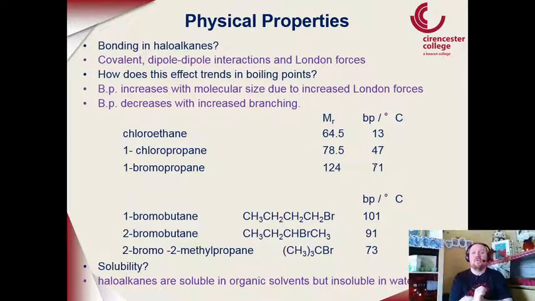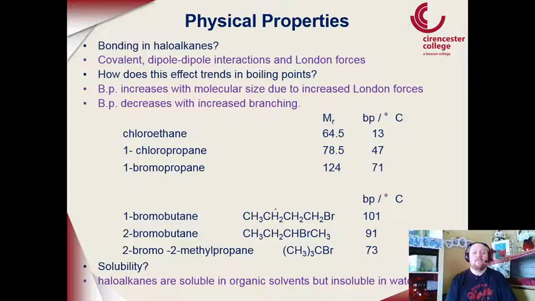It will have more electrons that can move around, make those instantaneous and induced dipoles, and that will mean that the molecules will require that little bit more energy to unstick in order to turn into a gas, so the boiling point is higher.